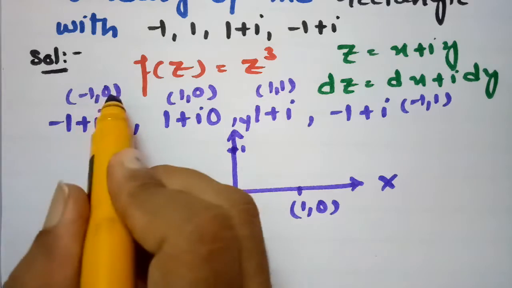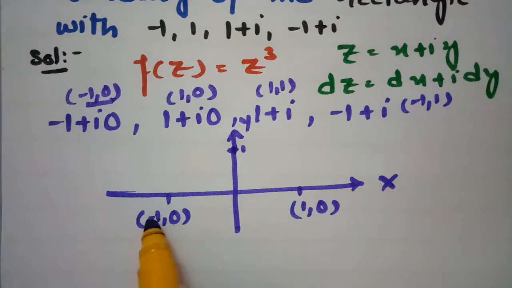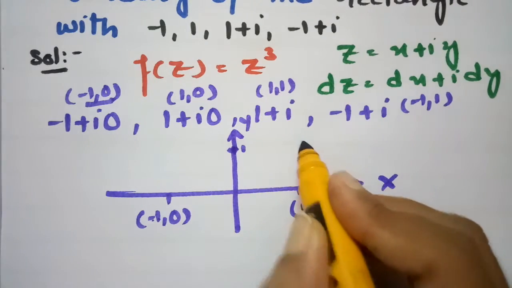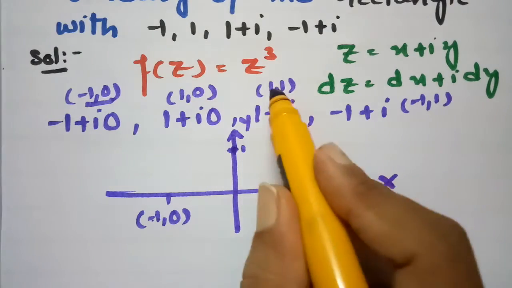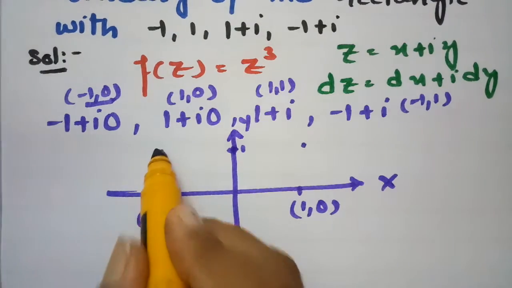So the points with respect to the xy plane are -1, 0 and 1, 0. This point is 1, 1, with x-axis 1 and y-axis 1.